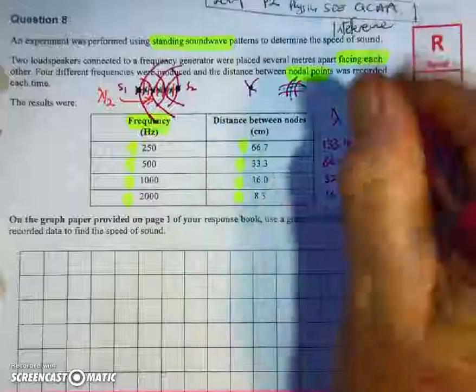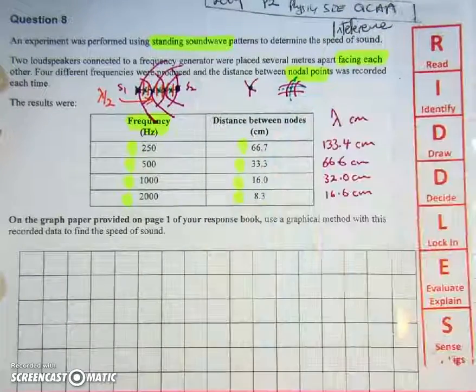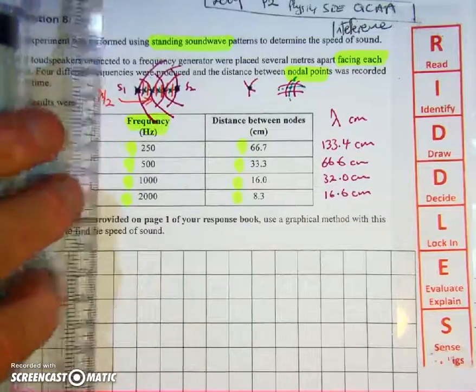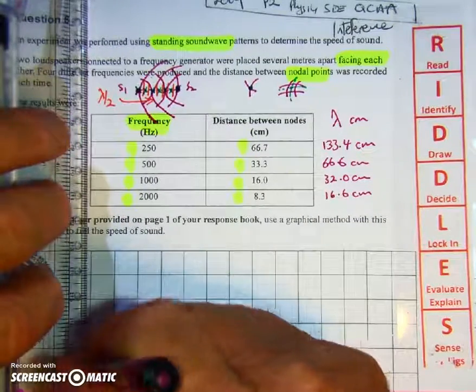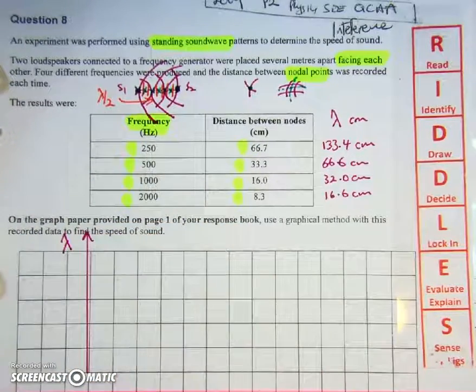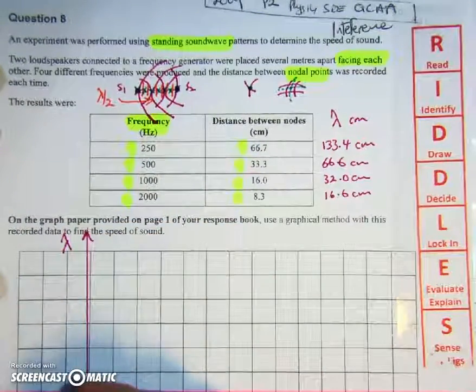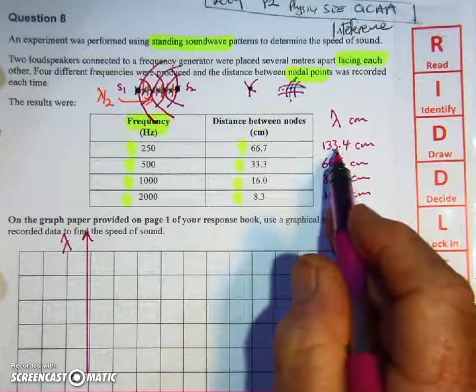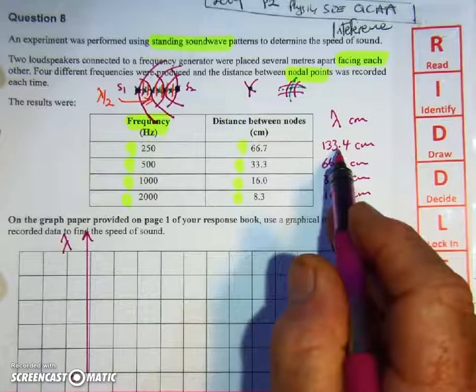Now pressing on, I've calculated my distances. That should be on my vertical axis, so I'm going to draw the vertical axis here and call that lambda, and I'll start off at 0. I've got to be able to go up to 133.